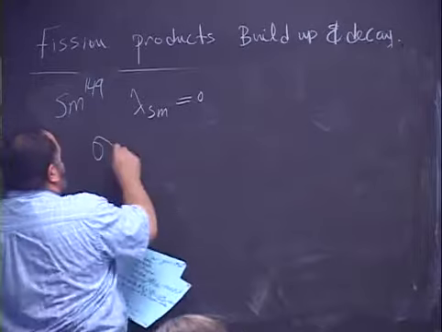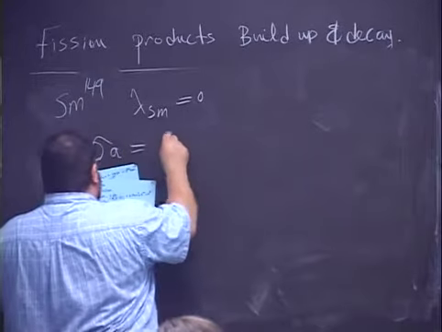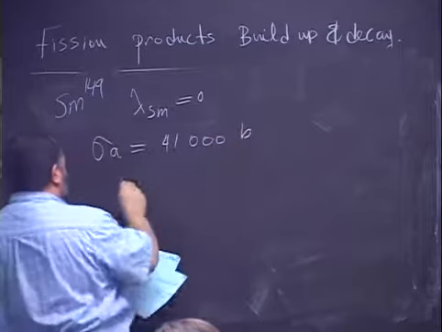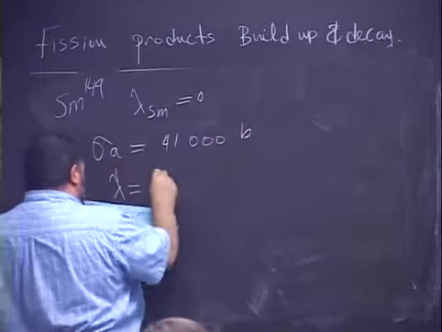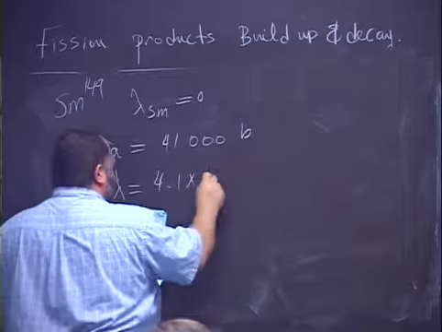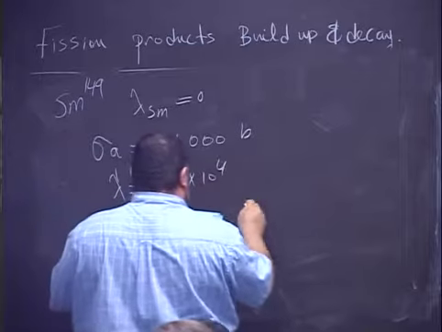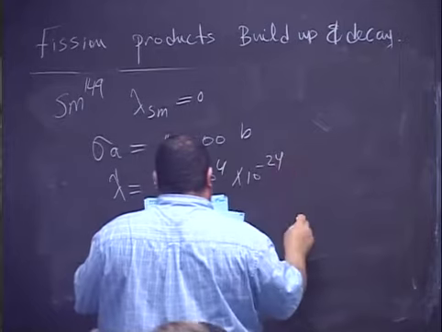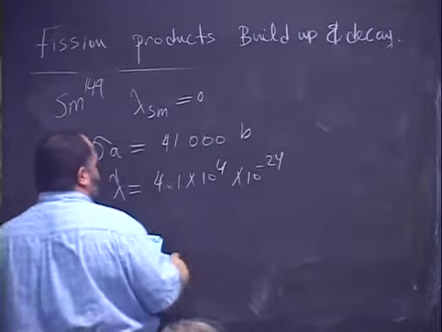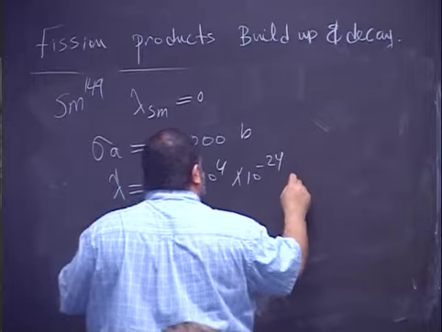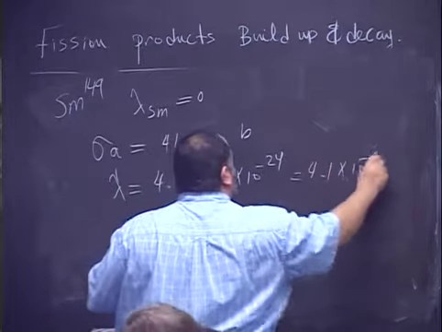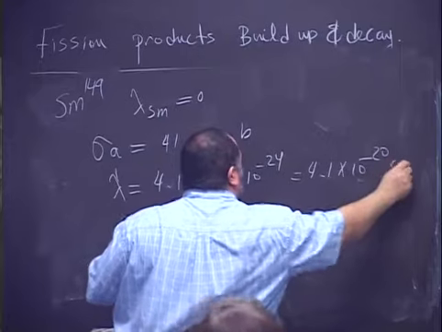And the absorption cross-section for samarium is just 41,000 barn. Lambda prime will be 4.1 × 10^4 multiplied by 10^-24, to give you 4.1 × 10^-20 centimeter square.